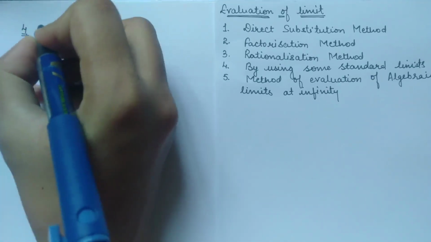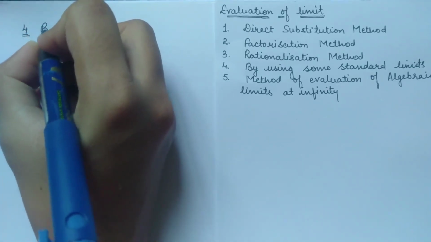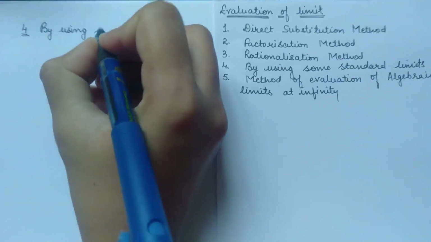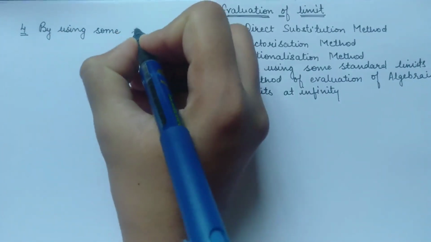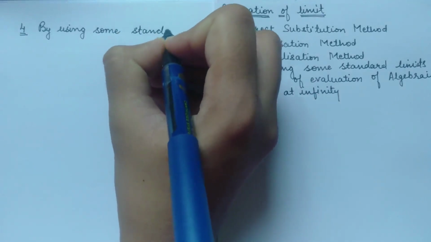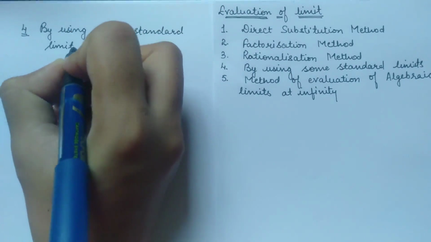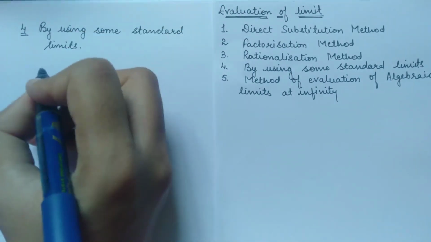Fourth method is by using some standard limits. In this method, we will make use of any standard limit and try to solve the question given to us. Let us see a standard limit.